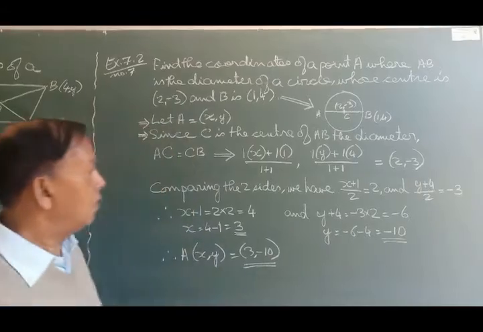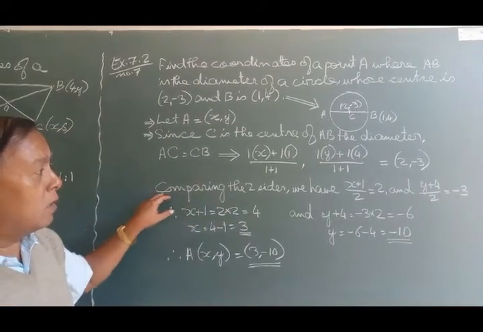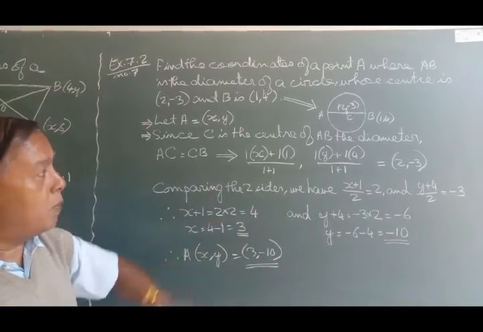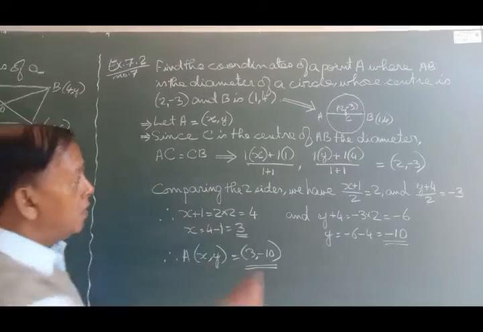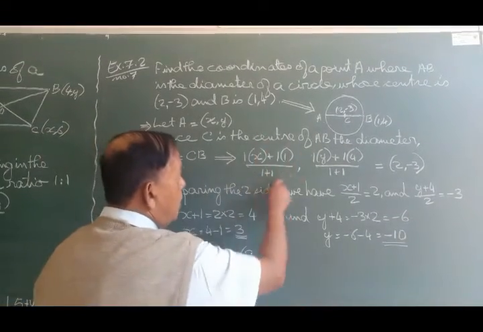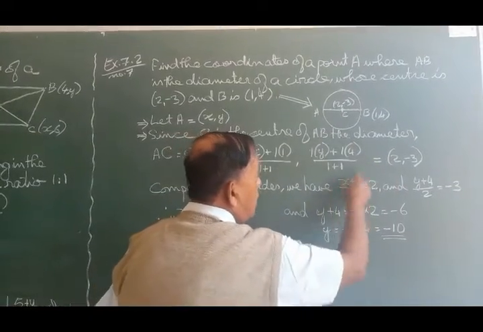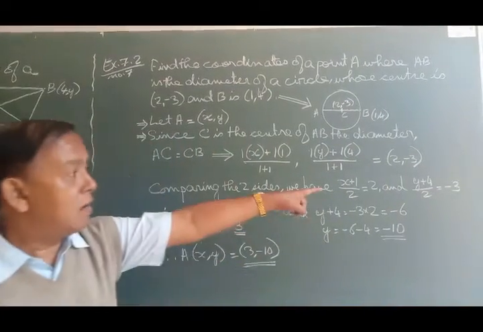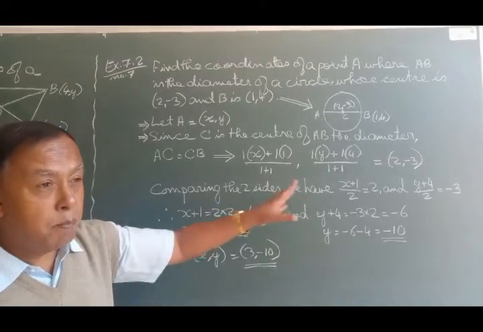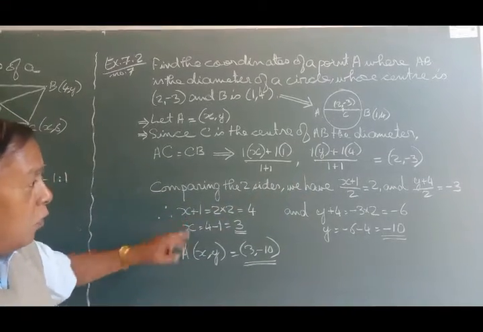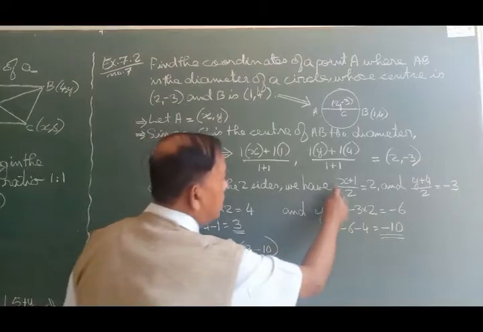Therefore we compare the two sides, and what do we have? The first will be equal to 2 and the second will be equal to minus 3, as given. We are comparing.